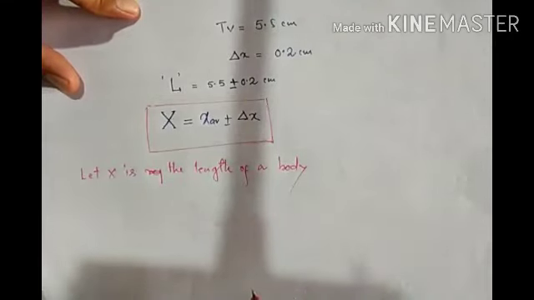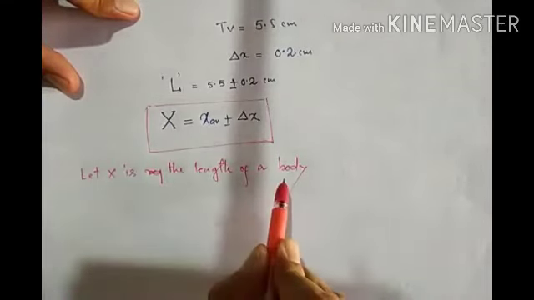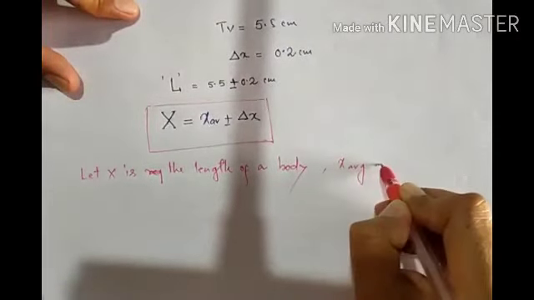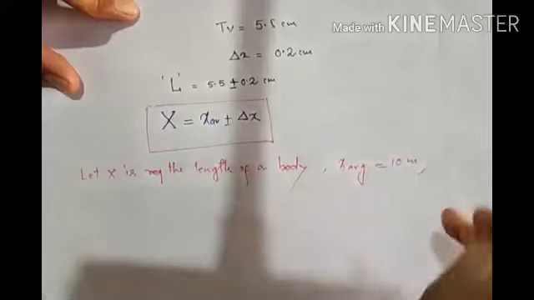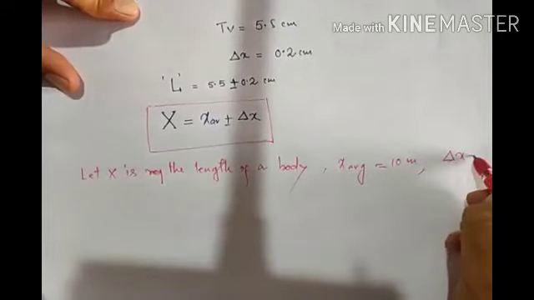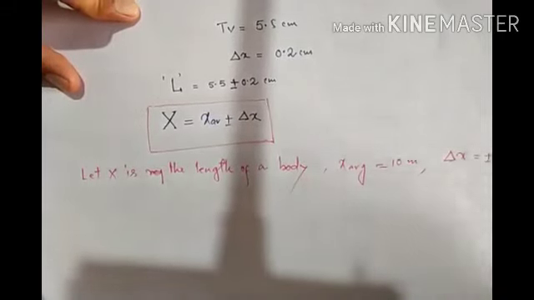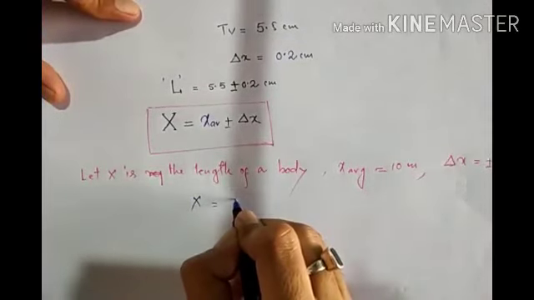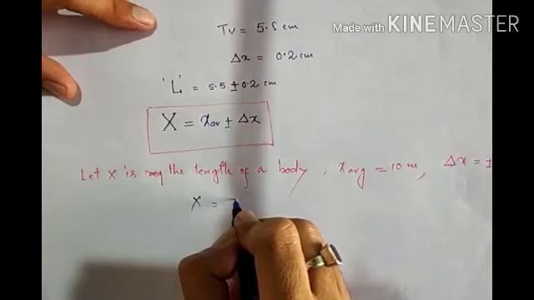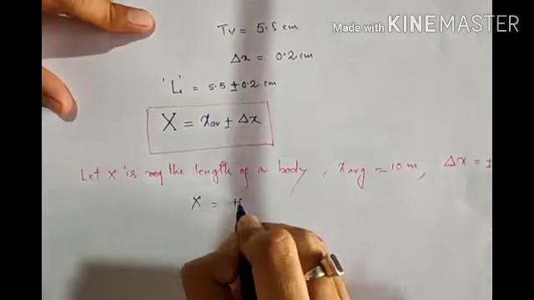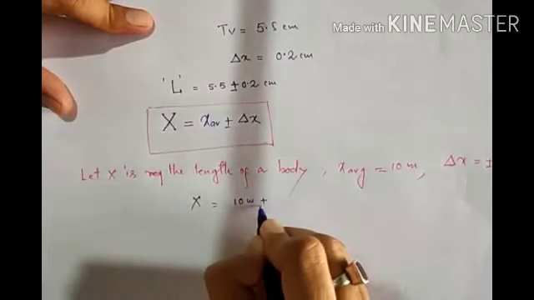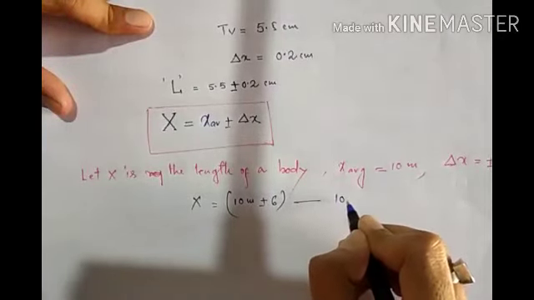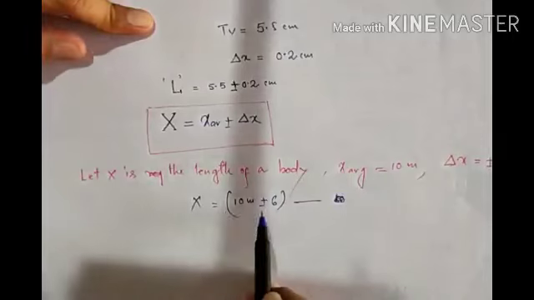I have said that x represents any physical quantity, it can be length, volume, breadth, anything. During the measurement of the length of this body, x average came out to be 10 meter and delta x came out to be plus minus 6 meter. In that case, the length of the body x will be 10 meter plus minus 6.